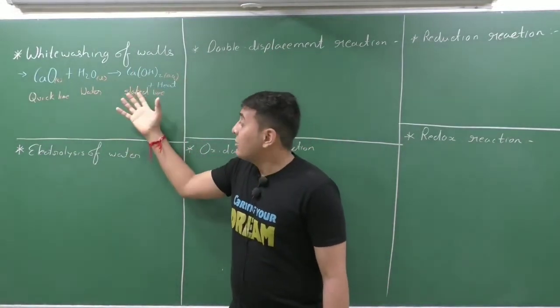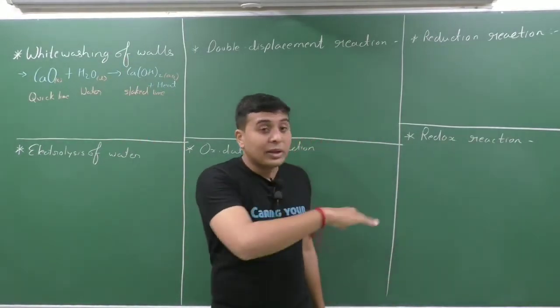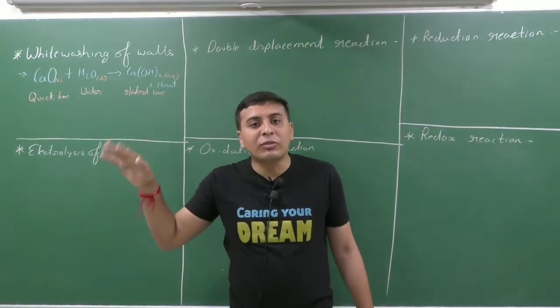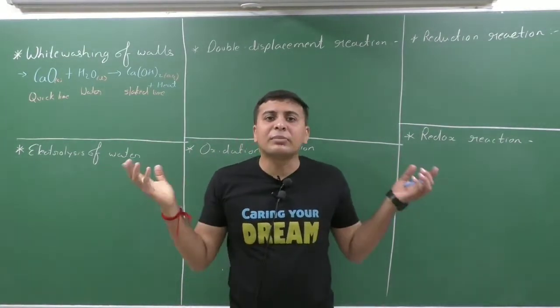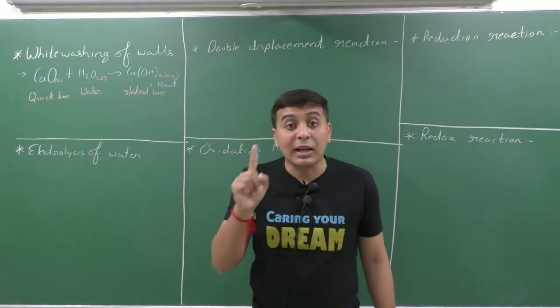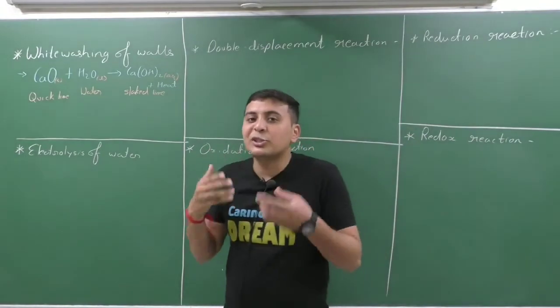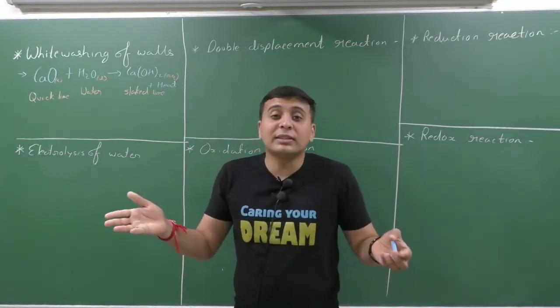Now when calcium hydroxide is applied on the wall, it gets dried up because of the atmospheric air, and carbon dioxide is also present in the air. Carbon dioxide gas, obviously during the respiration we are exhaling. See, I have released carbon dioxide.